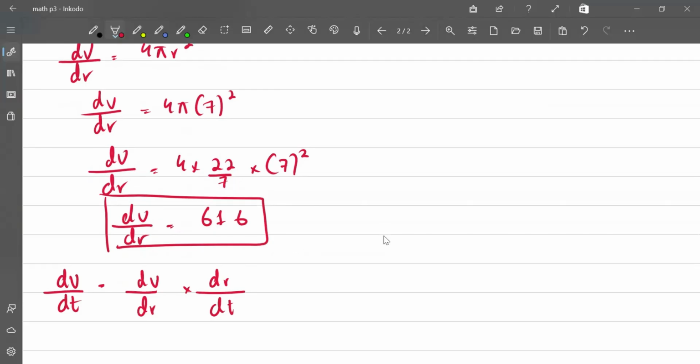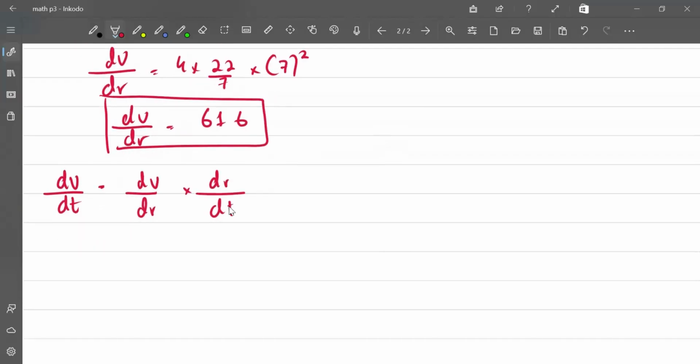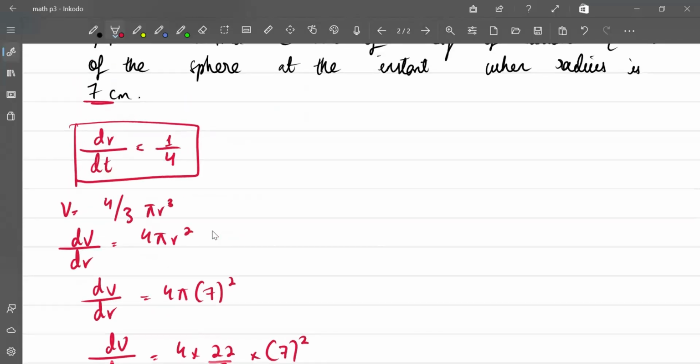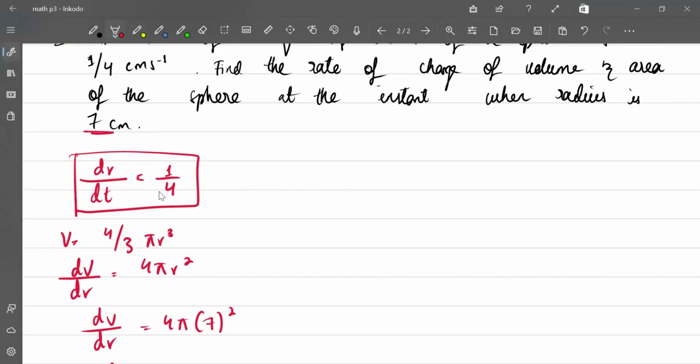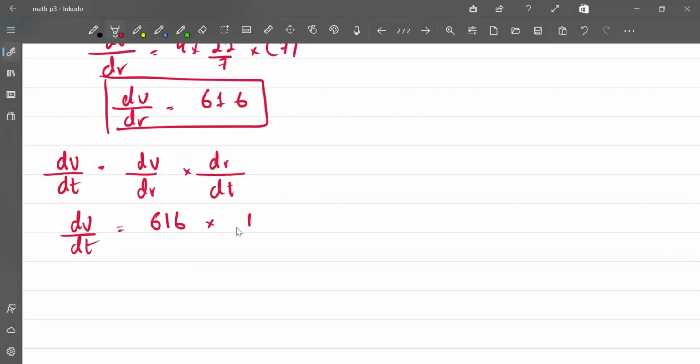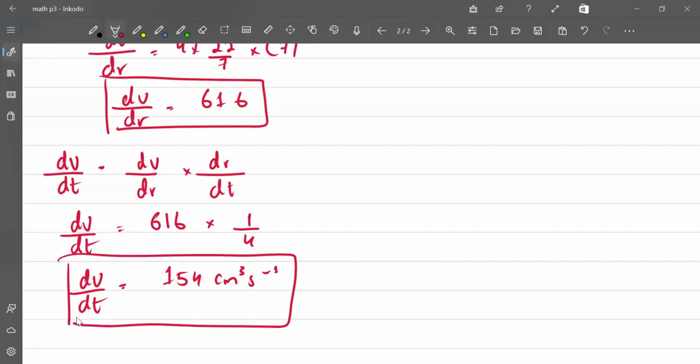We have dV over dr with us. dV upon dt is equal to dV over dr, which is 616, into dr over dt, which is provided to us in the question, 1 upon 4. So dV upon dt is going to be 616 into 1 upon 4, which is 154 centimeter cube per second. So this is dV over dt.